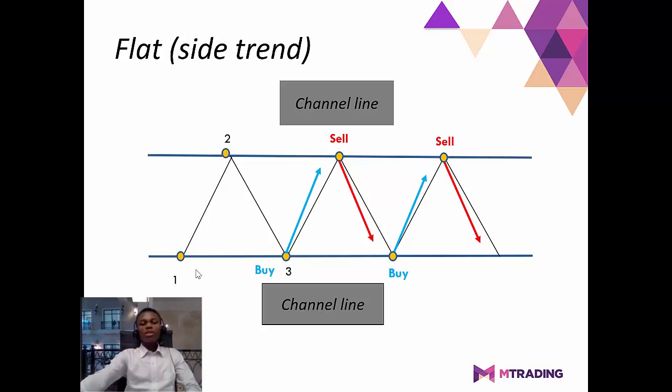Now we have opportunities to either buy or sell from each line, because now the line is flat. From position 1 to 2 we have an opportunity to buy, and when we are on position 2 we have an opportunity to sell, which is what we see right here, from this point to this point.